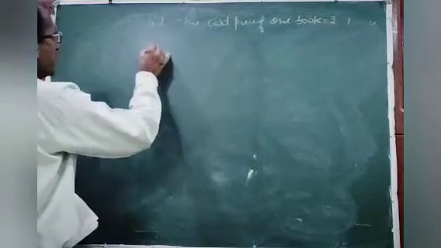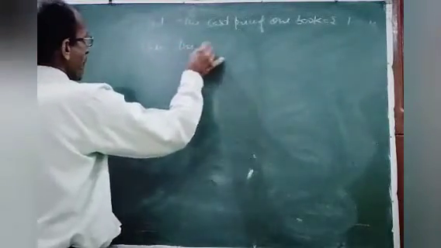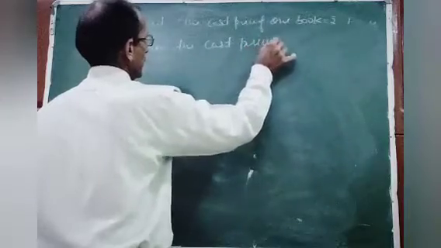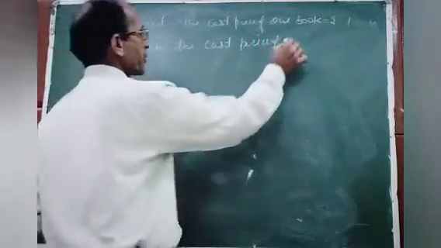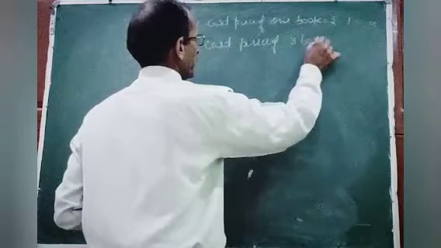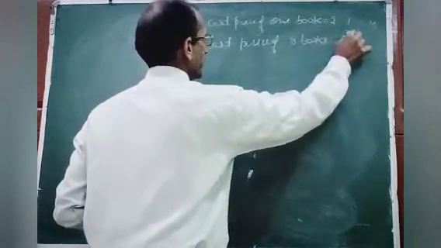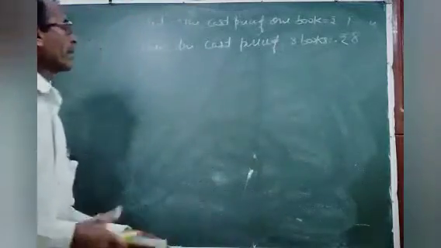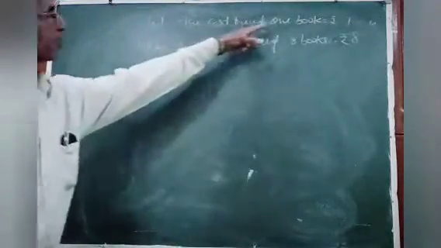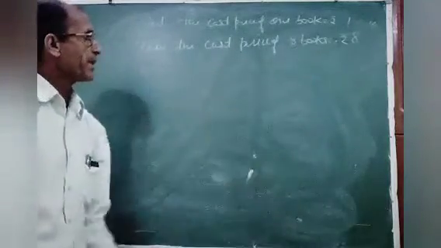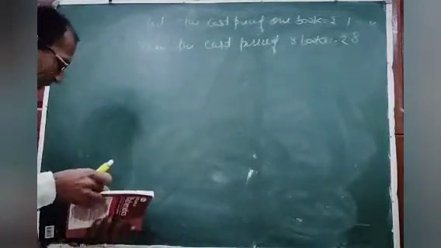Then the cost price of 8 books will be rupees 8. I assume the cost price of one book is rupees 1. Then the cost price of 8 books will be rupees 8. Now what is the question?